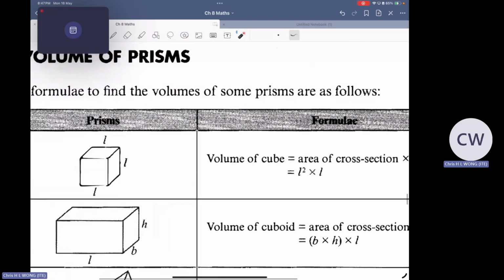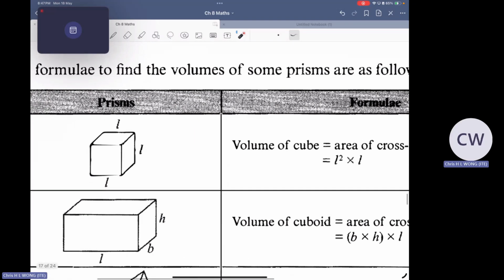So look at this. If I ask you to calculate the volume of the cuboid, like the square box, it's actually length and breadth and height, right? Length, the breadth, the height. So it's as good as saying length times length times length.